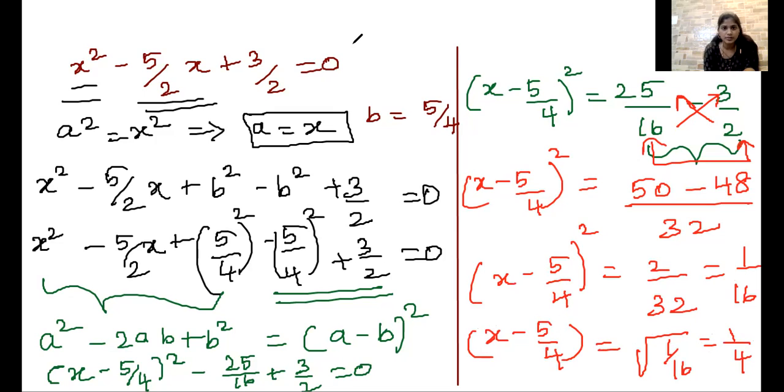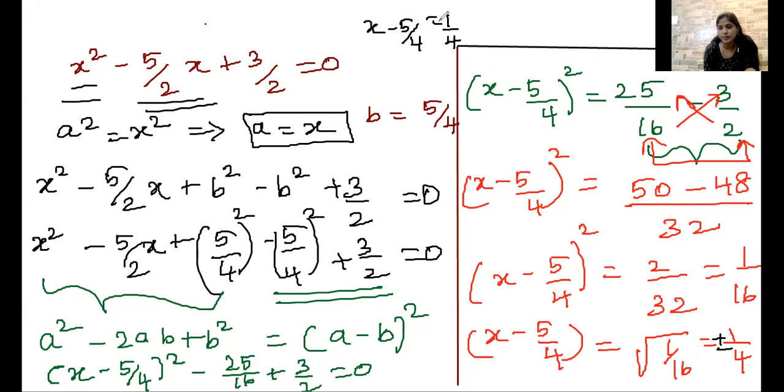So x minus 5 by 4 is equal to 1 by 4. Now that is plus or minus 1 by 4, right? Because you have applied square root over that. So this will become plus or minus 1 by 4, and you'll be having two solutions. One in the form of plus, another one in the form of minus.